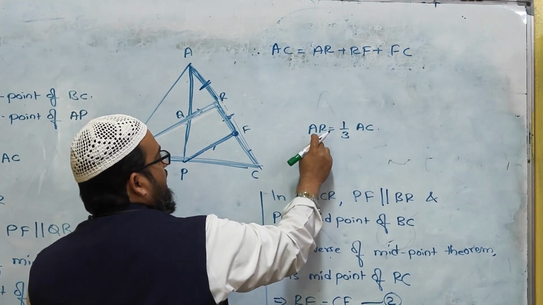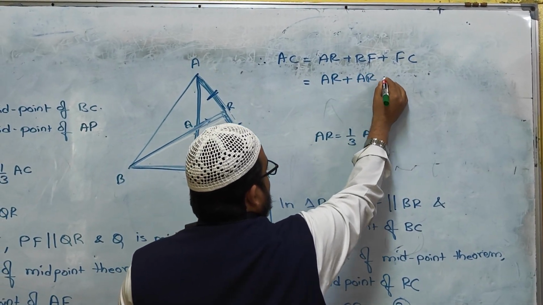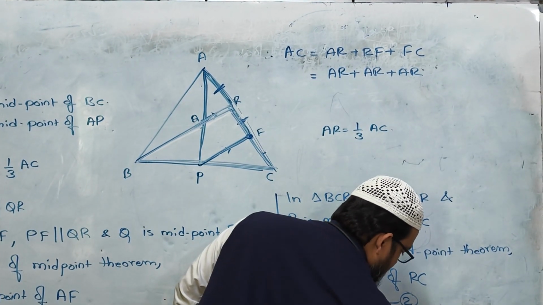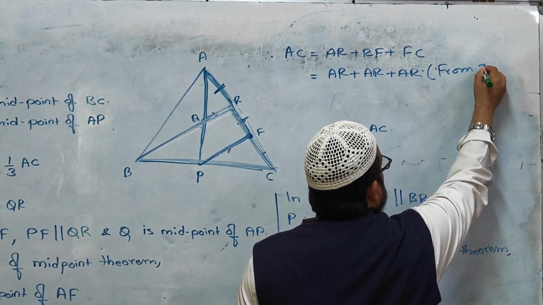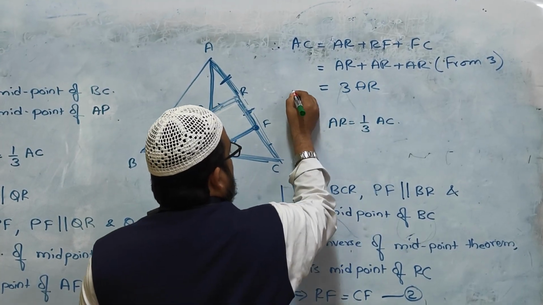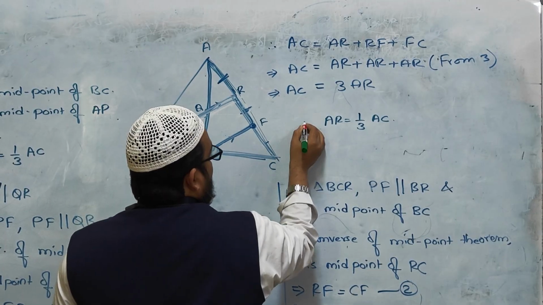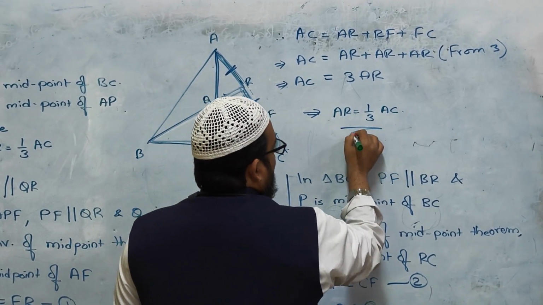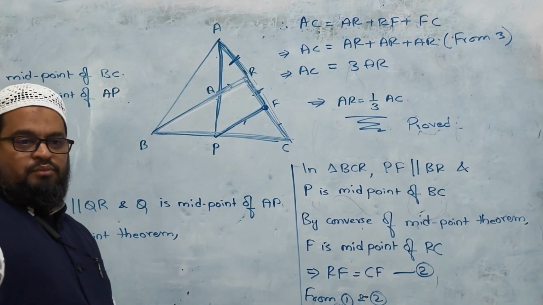Because we want AR, let us write AR in all places. From 3, that is equal to 3AR is equal to AC. Is it right? So when you transpose 3, AR will become 1/3 of AC. It's true. Understood everybody?